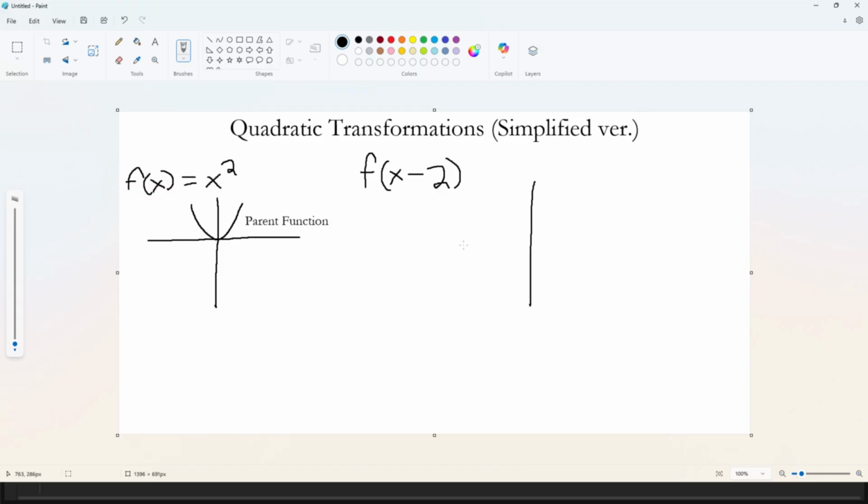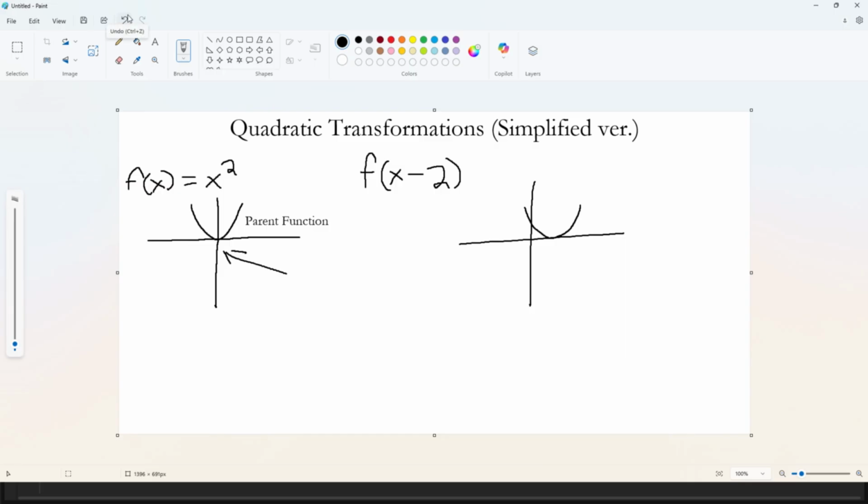Now, this is how the graph will look. So our parent function here, we're just going to move it 2 to the right. Boom. So whenever you want to translate to the right, you'll subtract 2 from x.